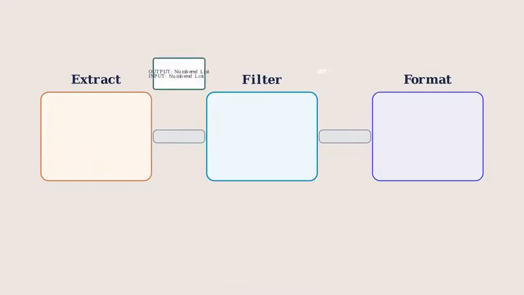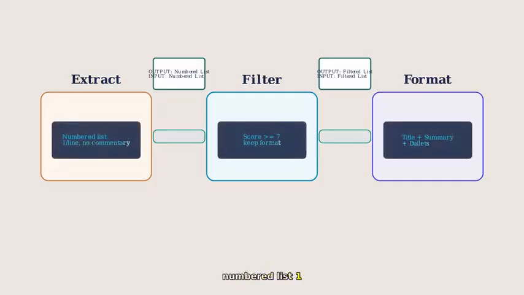For Stage 1, you might specify, output your extracted facts as a numbered list, one fact per line, with no editorial commentary or additional text. For Stage 2, you will receive a numbered list of facts. Return only the facts that score 7 or higher on relevance to the topic. Maintain the same numbered list format. Do not add explanation.